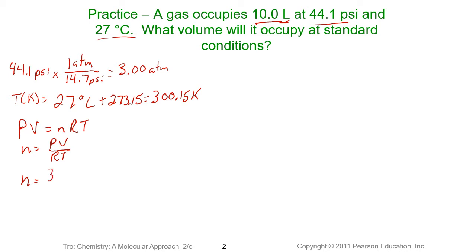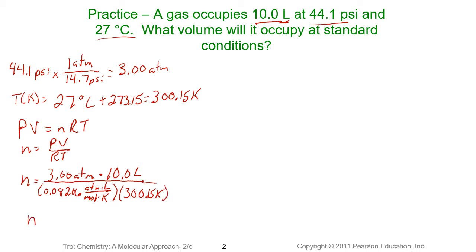So we'll add our pressure, 3 atmospheres, times the volume of 10 liters, divided by our ideal gas constant, 0.08206 atmosphere liters over moles Kelvin, times our temperature. And we find that we have 1.219 moles of gas.